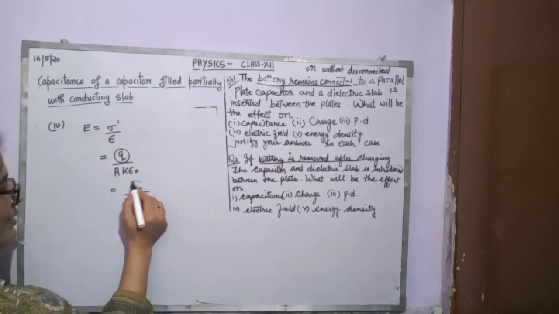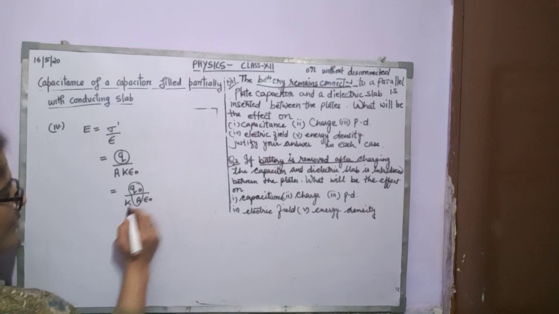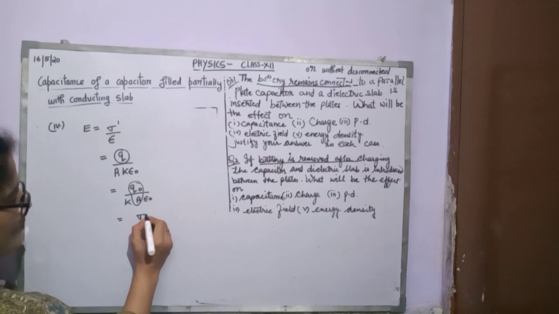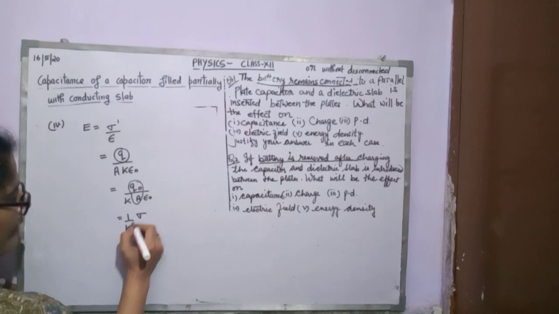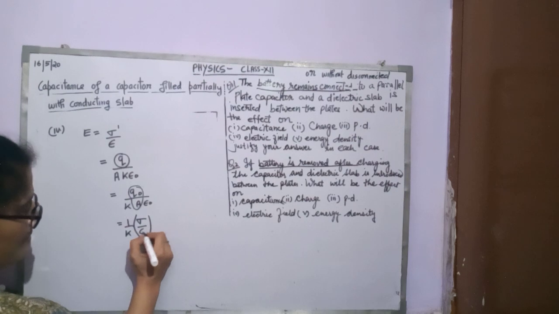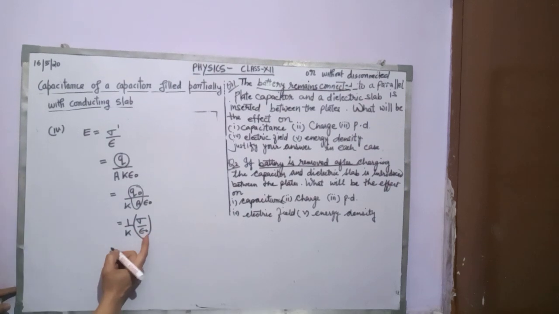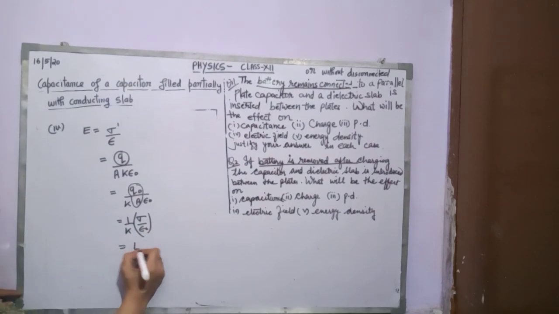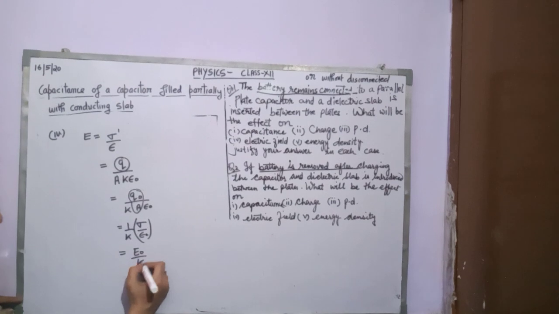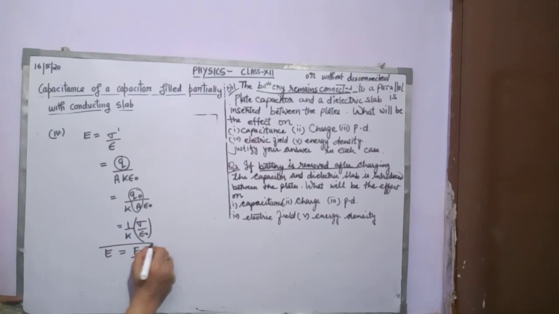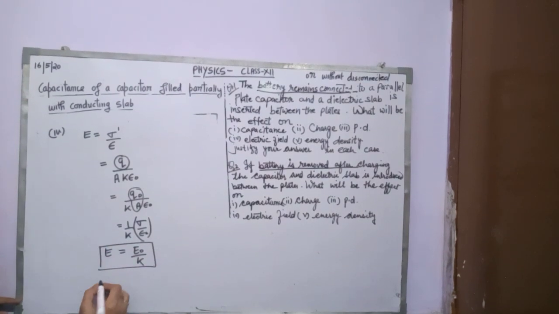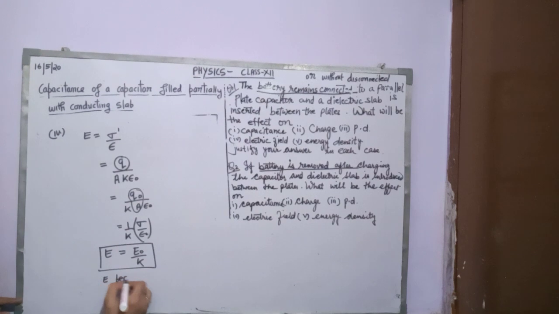And what is this one? This one is charge divided by area. That is equal to sigma, 1 upon K. You can write here sigma upon epsilon naught, and its value is E naught. That means E naught upon K. You can say the electric field becomes how many times? E becomes 1 upon K times.